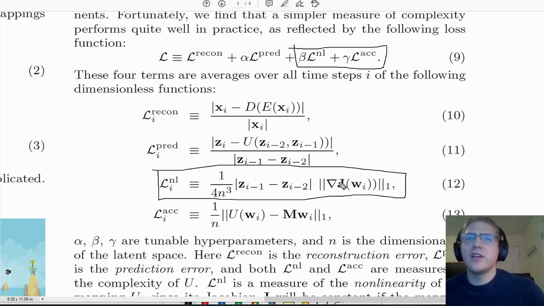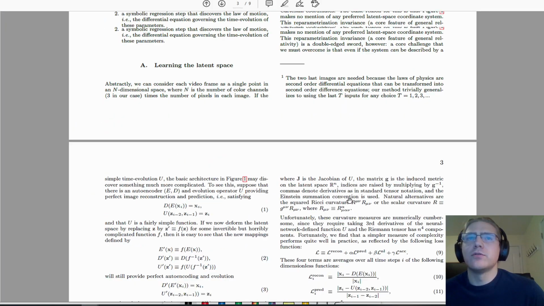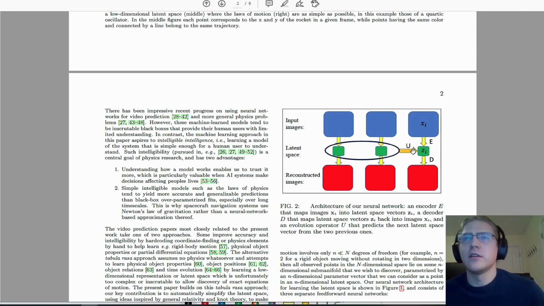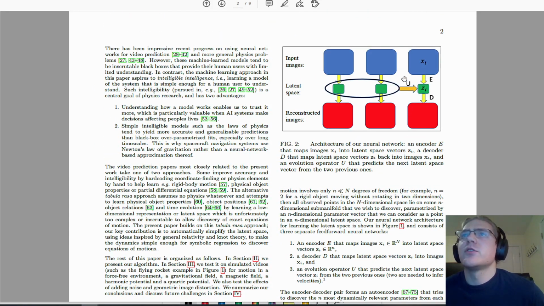J here is the Jacobian of that mapping itself. This function u, we're taking the Jacobian of that, and the Jacobian is a matrix of partial derivatives. The idea here is you're trying to minimize the complexity of the laws of motion. What u is doing is approximating the laws of motion.